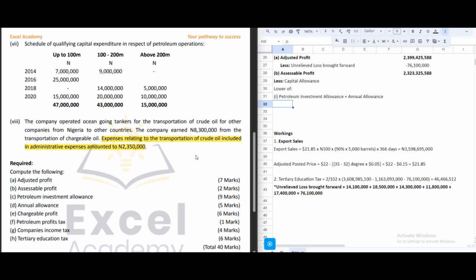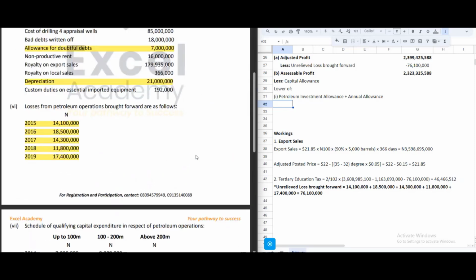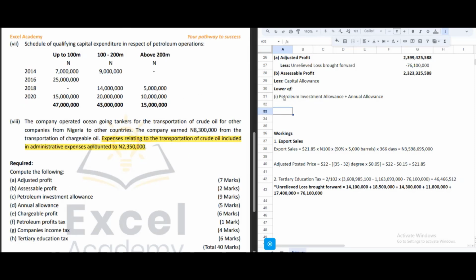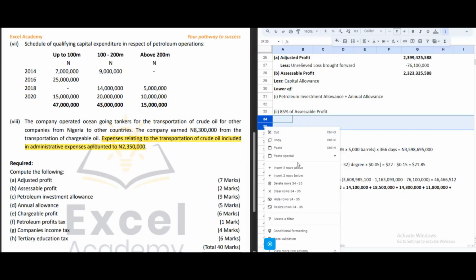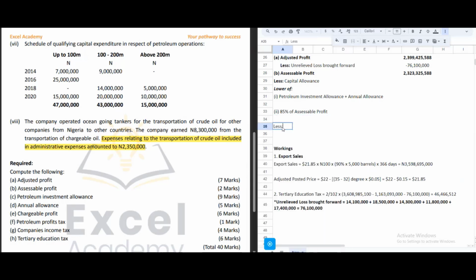So now let's calculate that. So the PIA now is the lower of the PIA plus annual allowance, or 85% of assessable profit. So whichever is lower. After I've now gotten that, then we now deduct 170% of our PIA.